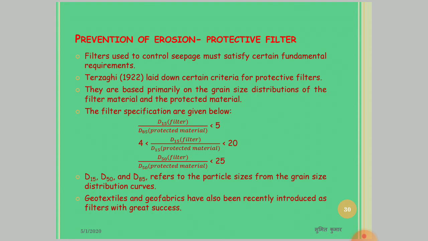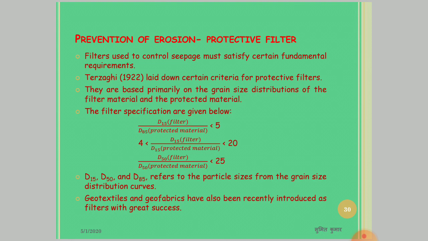Filters used to control seepage must satisfy certain fundamental requirements. Terzaghi laid down certain criteria for protective filters. These criteria are based primarily on the grain size distribution of the filter materials and the protected materials. There are three criteria required for a good filter. D15 of filter by D85 of protected material should be less than 5.